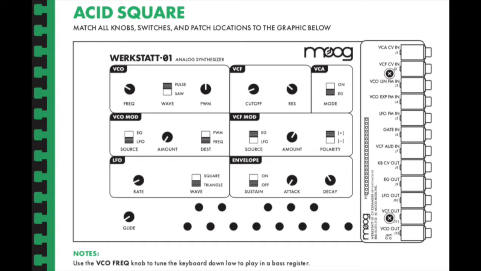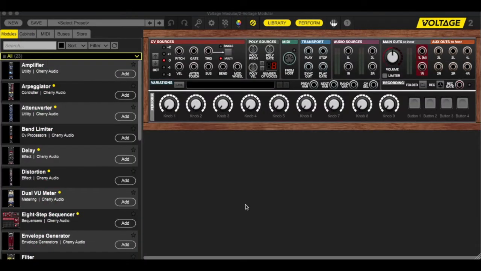And now we're going to try to recreate the sound as close as possible with freely available tools. In this case, the Cherry Audio Voltage Modular synthesizer kit. And I will only be using the freely available tools so you can follow along.